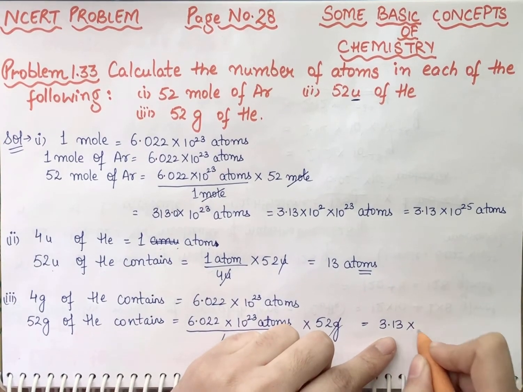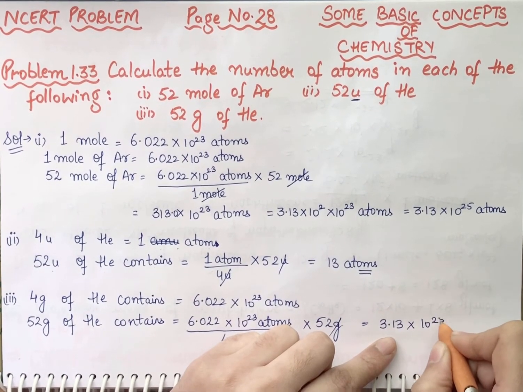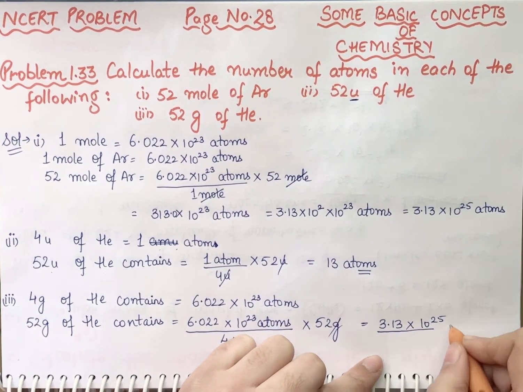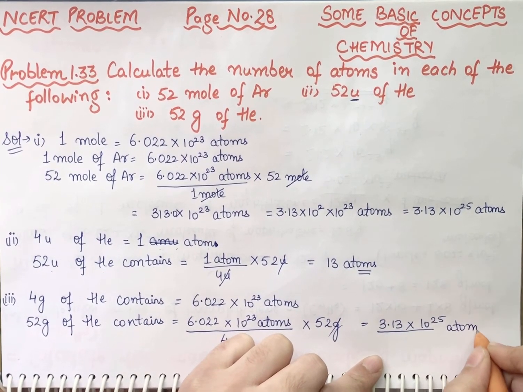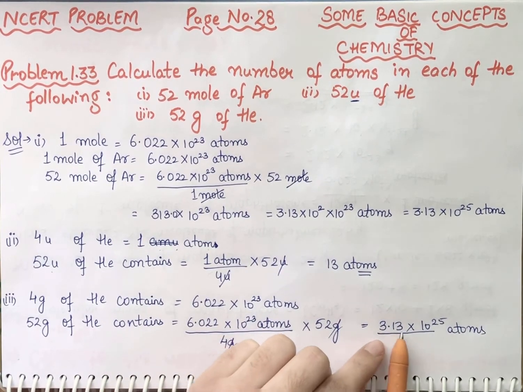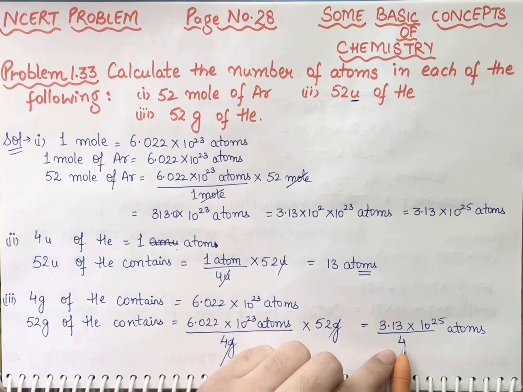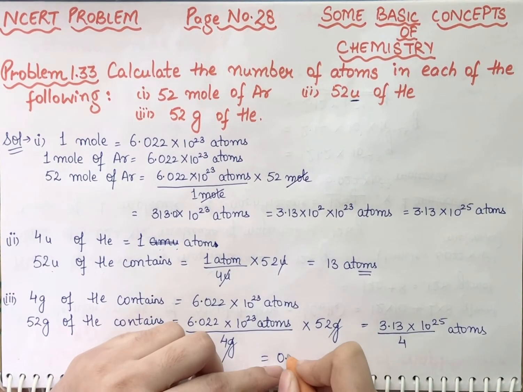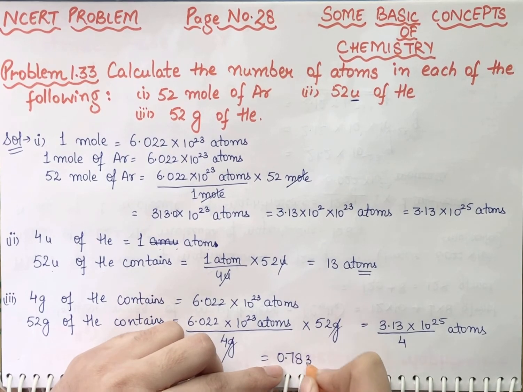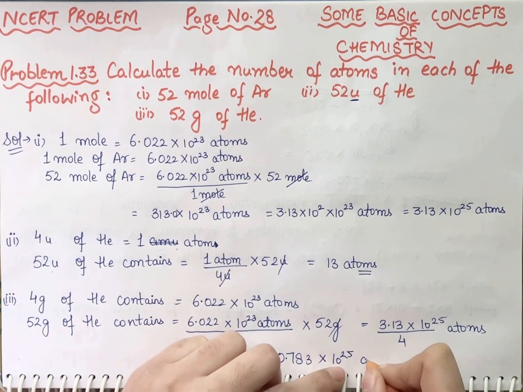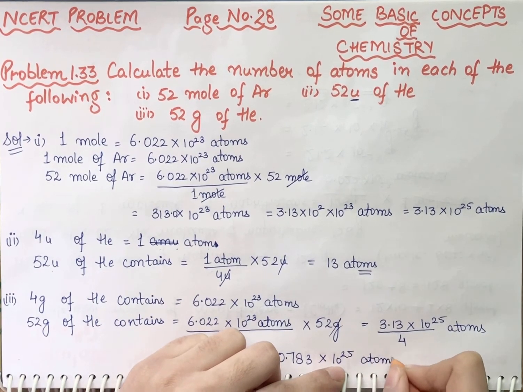Now if I'll multiply 52 with 6, I'll get 3.13 into 10 raised to power 25 my atoms, right, and divide this value with 4. Okay, when I'll divide 3.13 with 4, I'll get 0.783 into 10 raised to power 25 atoms.